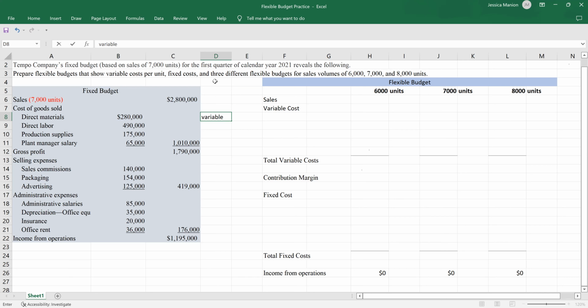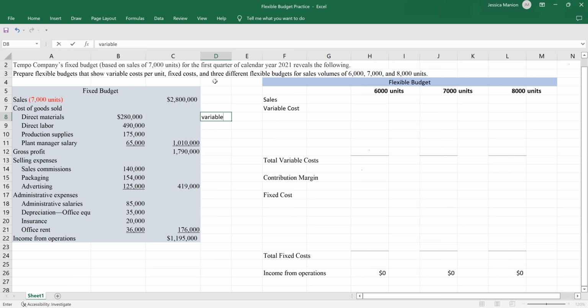Traditionally, a bicycle has 2 wheels, so if we produce 100 bicycles, we will need 200 wheels, or if we produce 400 bicycles, we will need 800 wheels. So direct materials are variable based on how many units.